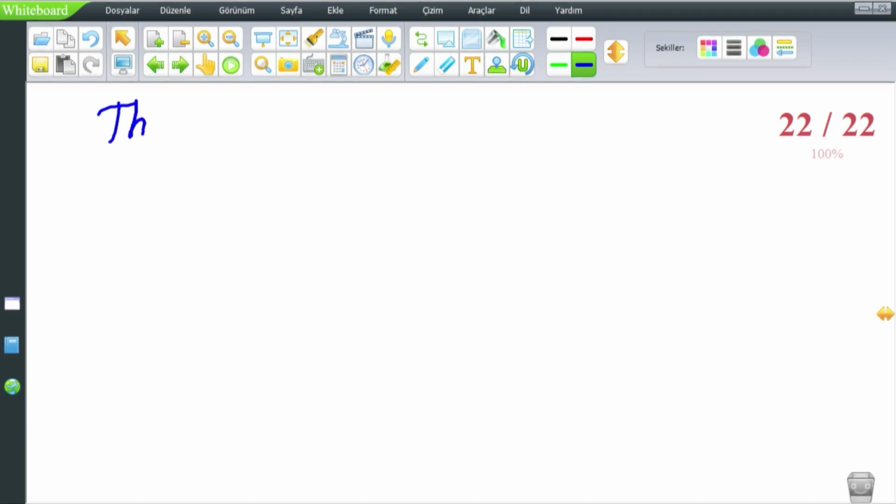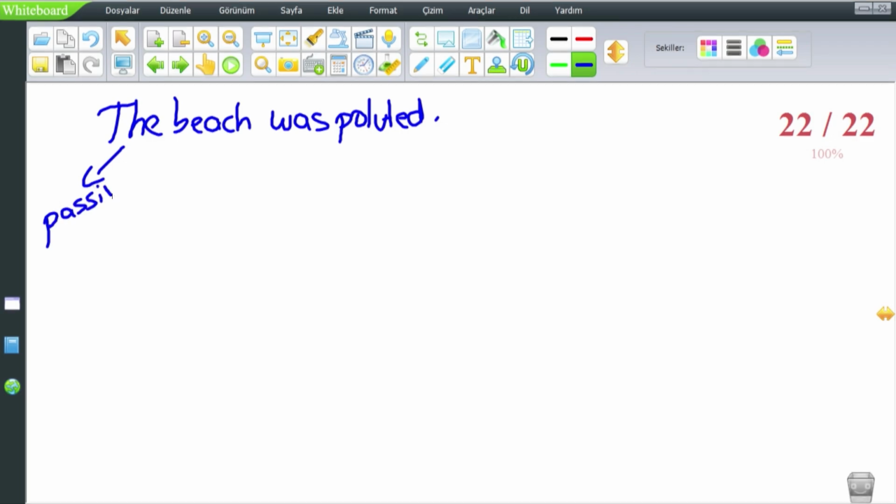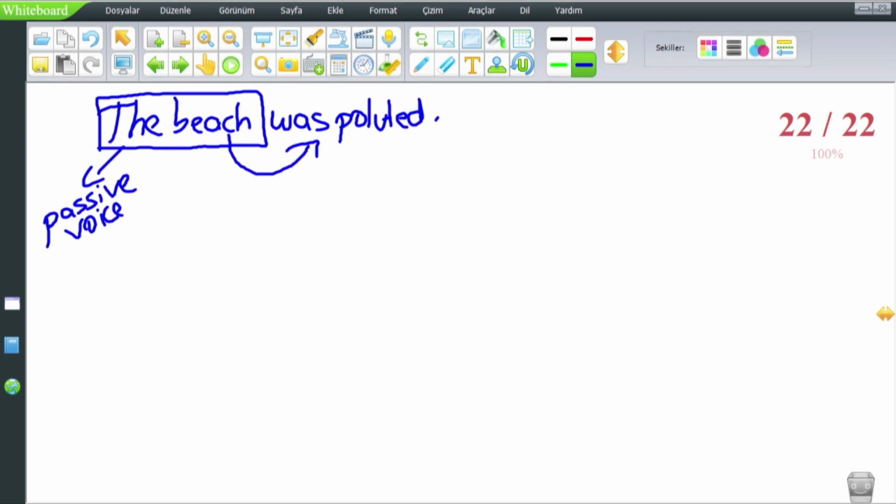The beach was polluted. I'm looking at this sentence. This is a passive sentence, passive voice. This is the object that is affected by being polluted, but there is no subject that makes the verb, the action.